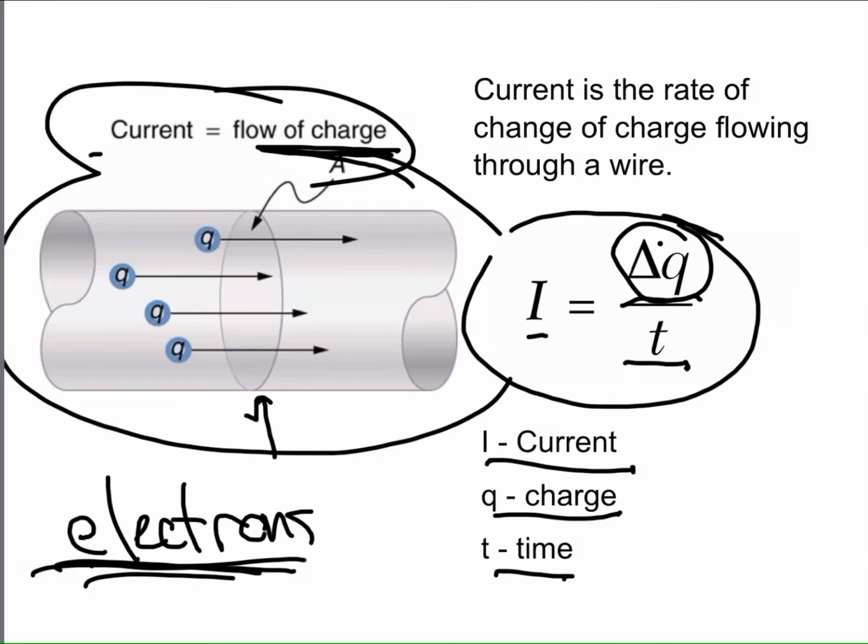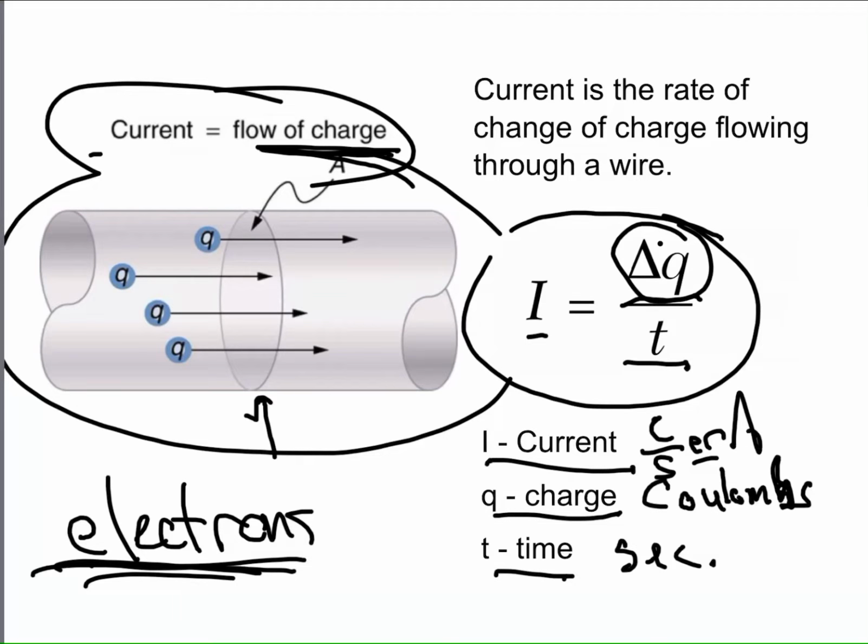Time is in seconds, and charge is in coulombs. So current is technically coulombs per second, or amperes.